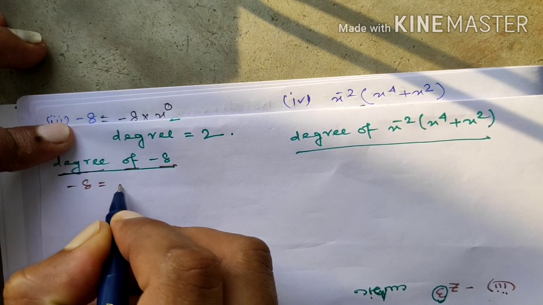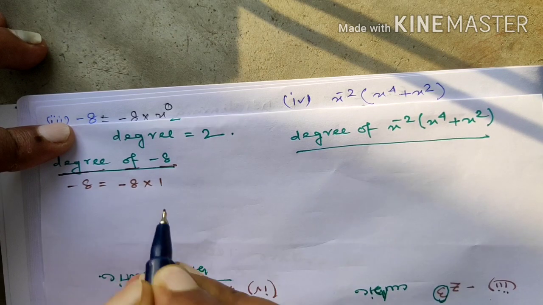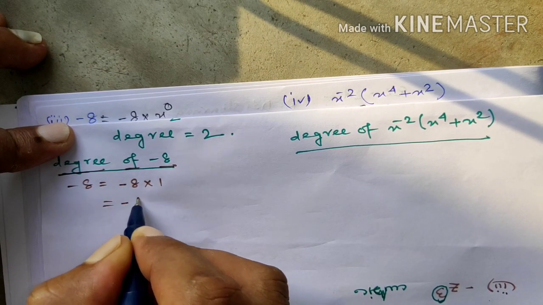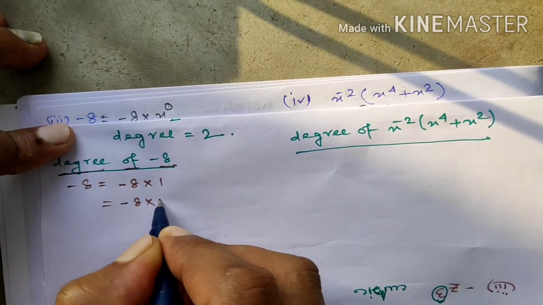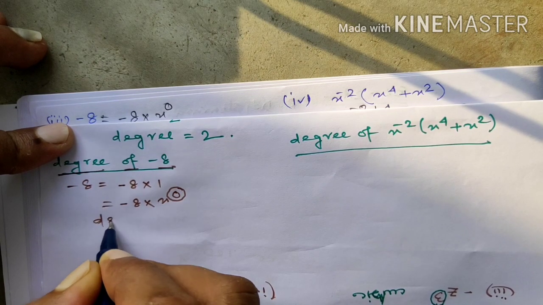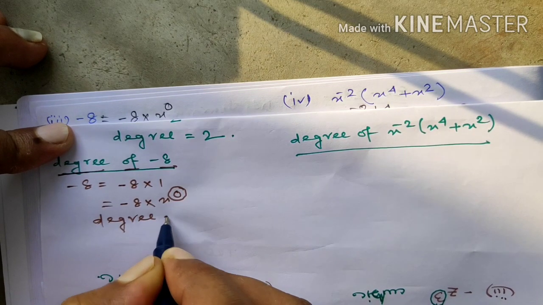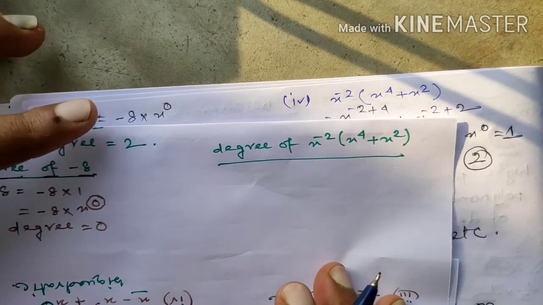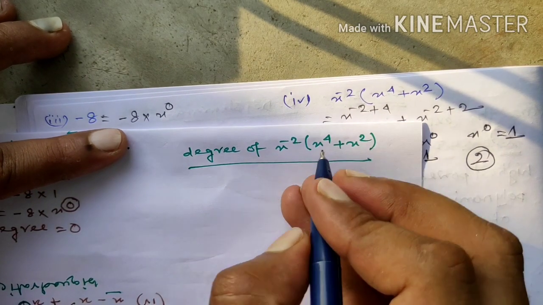The degree of minus 8: minus 8 equal to minus 8 into 1, and 1 we can write as x to the power 0. Therefore, the highest power of the variable x equal to 0, hence the degree equal to 0.